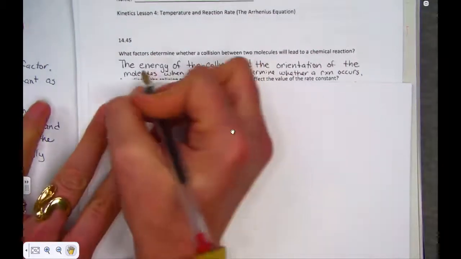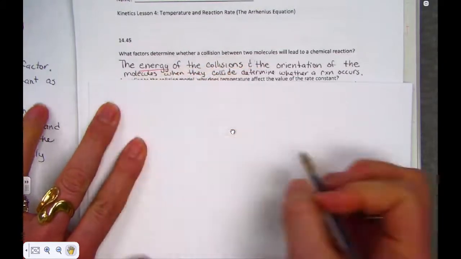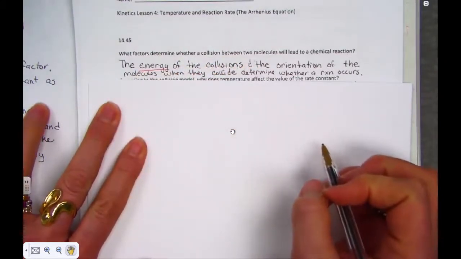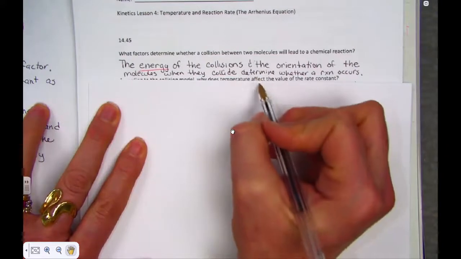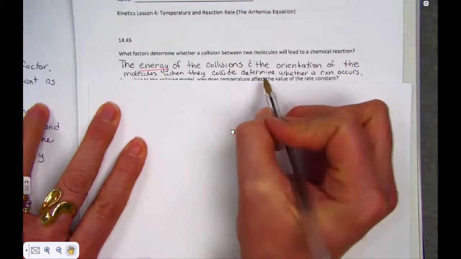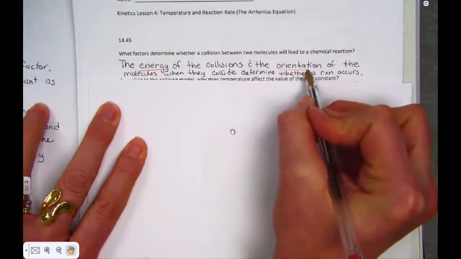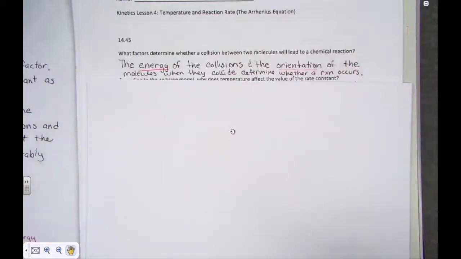So we need to know if the energy meets the criteria of getting over the energy barrier, called activation energy, and if the collisions were successful with the right orientation. Not only do they have to hit with enough energy, they have to hit with the correct orientation so that bonds break and new bonds can form.